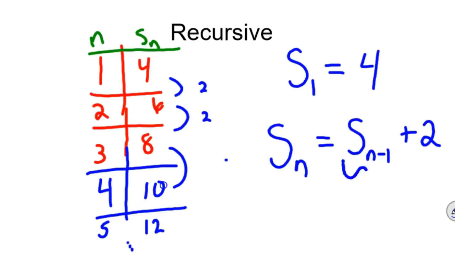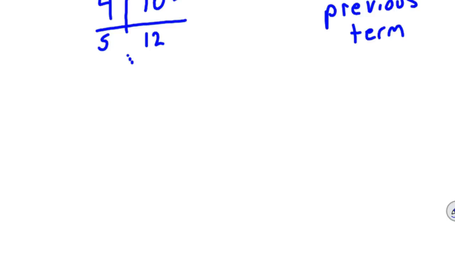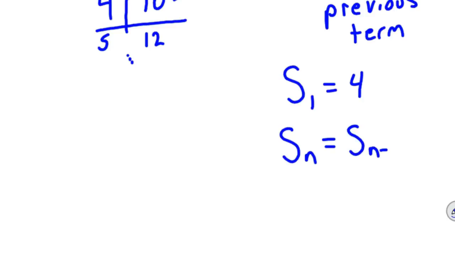So all this means is a fancy way of saying, an abbreviated way of saying, previous term. So don't let that scare you. So maybe it would help to use this formula. So again, just to recap, recursively you have to define your first term, and then we defined it as our previous term plus 2.